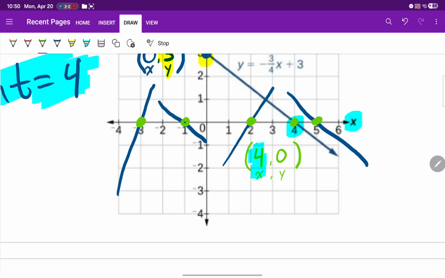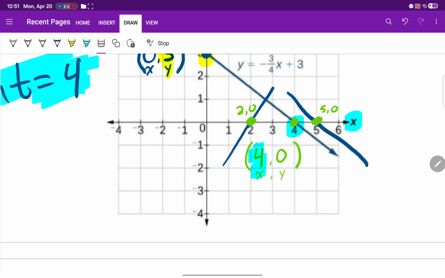Now, what is the y coordinate of each of those x-intercepts? If I were to write those out, this x-intercept here would be -3, 0. This one here would be -1, 0. This one would be 2, 0. This one would be 5, 0. What do you notice about the y coordinate at every one of those x-intercepts? The y coordinate is 0. That's true for every x-intercept.